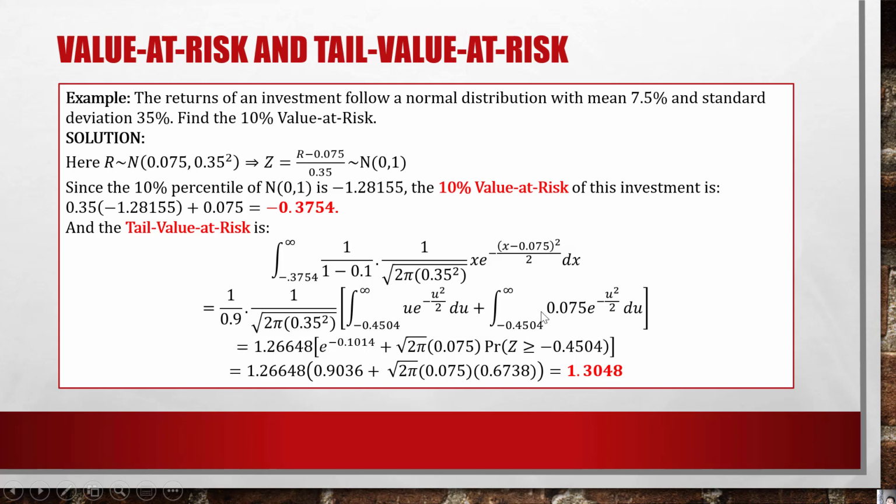For the second integral, if we multiply by 1 over square root of 2 pi, then we have the density of the standard normal distribution.